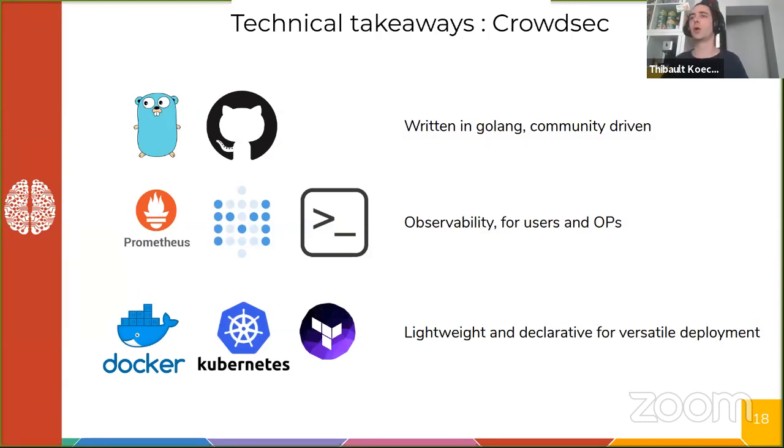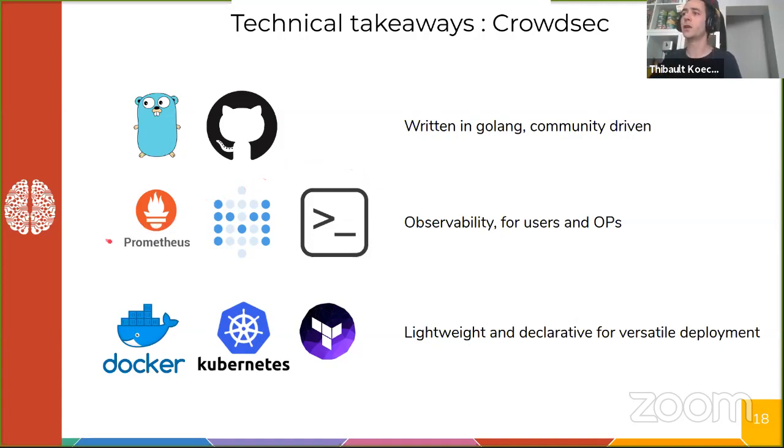So, a few takeaways to sum up CrowdSec. It's written in Golang. The idea is both the community and the portability, because we intend to also target Windows environments, since there are sometimes not many open source and free possibilities in terms of defensive security. It has been intended for observability, because everybody hates black boxes, especially when it comes to defensive security.